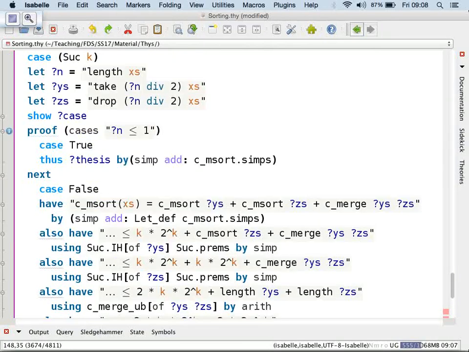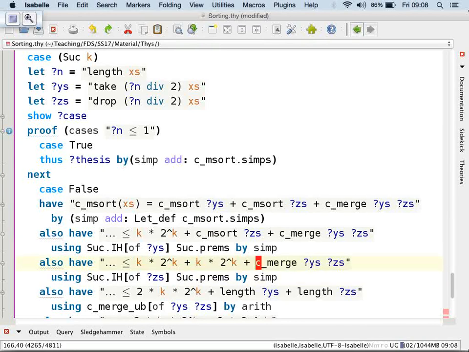And so we can use the induction hypothesis on this one and replace this term with k times 2 to the k using the induction hypothesis instantiated with the list ys. And then we do the same thing here. This subterm, comparisons of merge sort for zs, we can also replace by k times 2 to the k, using again the induction hypothesis, but now instantiated with the sublist zs.